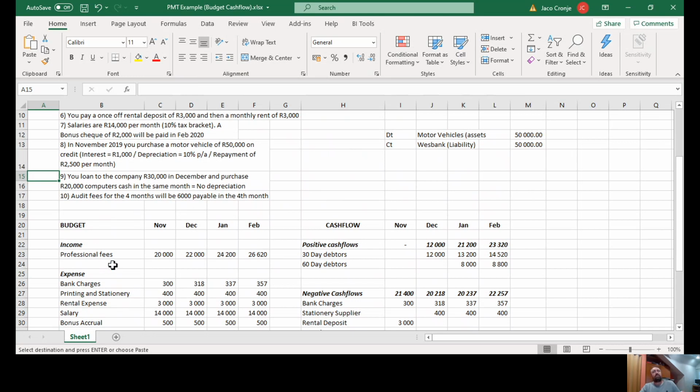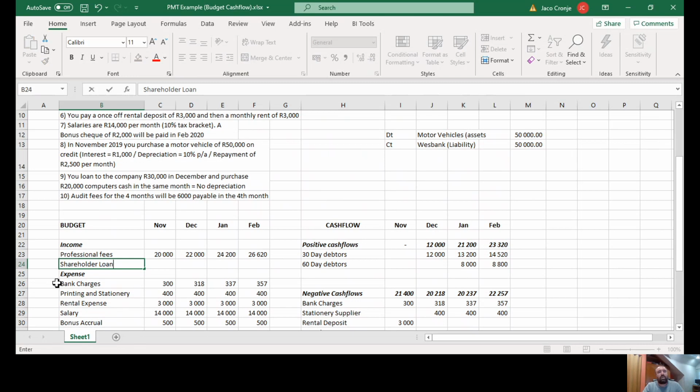So some of you might now be thinking, yes, in my budget, I need to include that. So in my budget, if I were to enter their shareholder loan, 30,000 Rand, let's just think about that. When will you have to pay the money back as the company?